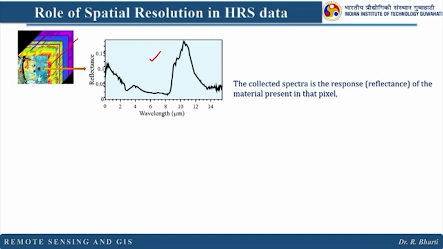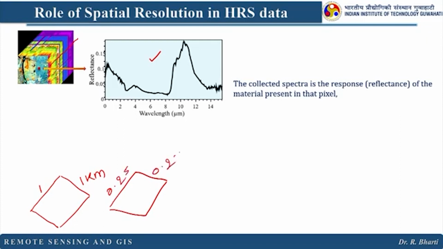So if you remember, if this is one pixel from X satellite and its resolution is 1 kilometer by 1 kilometer, and from another satellite you have a pixel which may be 0.25 by 0.25 centimeter, then what exactly does it say?